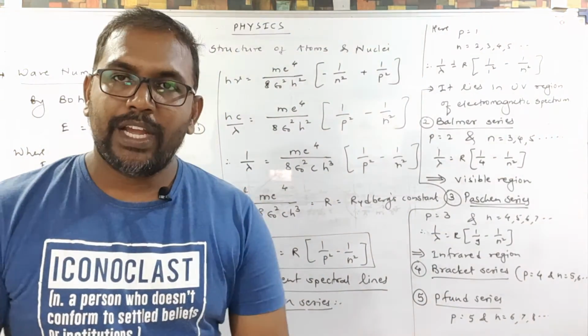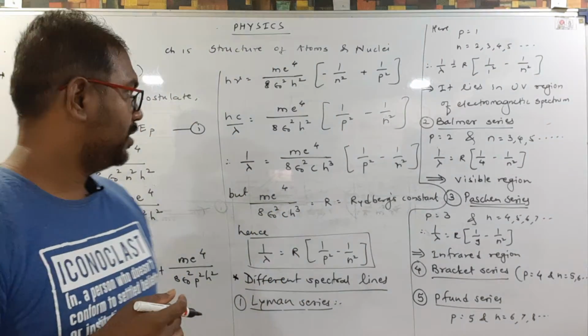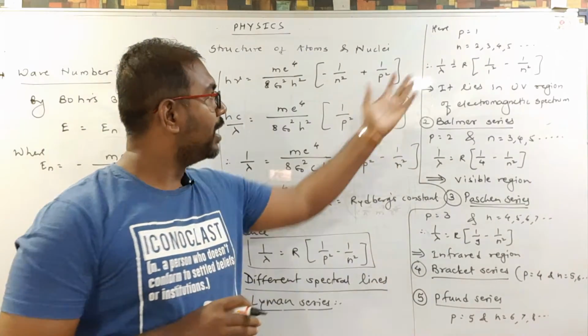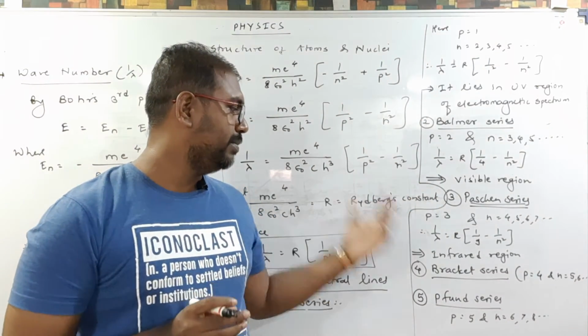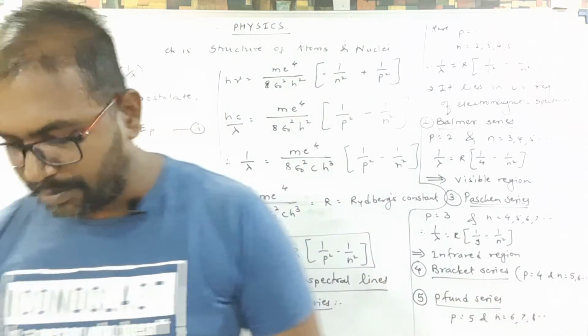Now we can draw a hydrogen energy level diagram using this. Here we get different energy levels: Lyman series, Balmer series, Paschen series, Brackett series, Pfund series. So let me draw the energy level diagram using this.